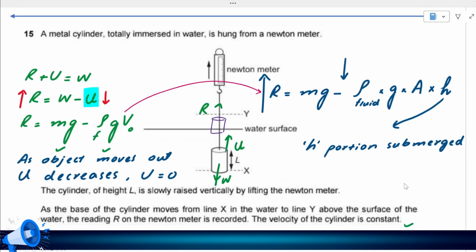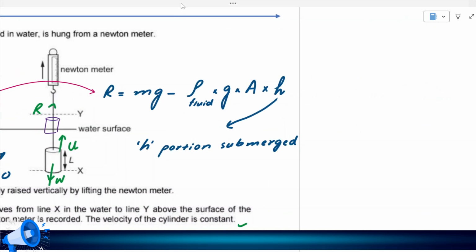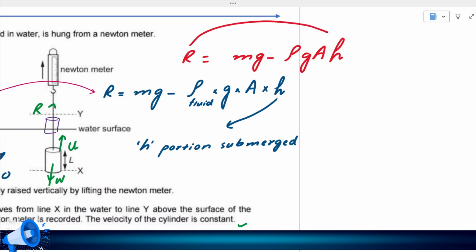In order to answer that, we have to take a look at this expression, this one. So if I get rid of all the constants, then I can simply say R is mg minus density of fluid g A h. You see, the relation between R and h is linear.